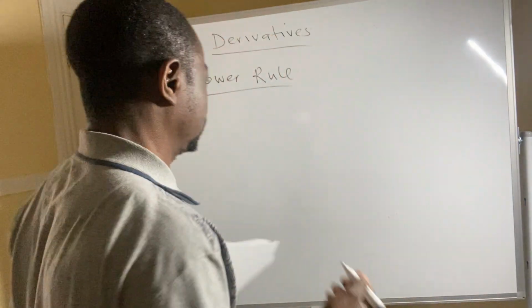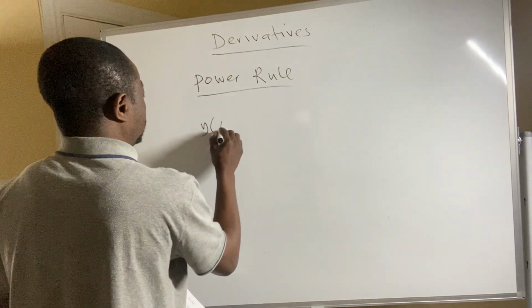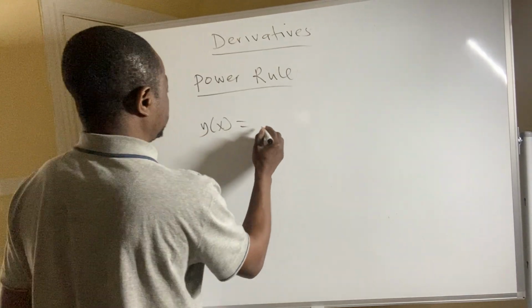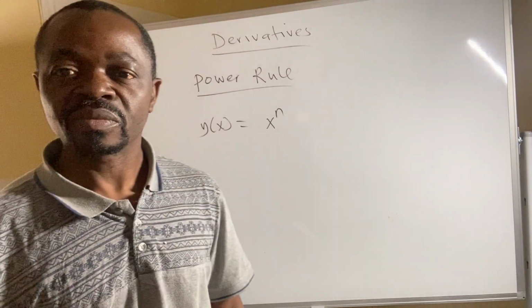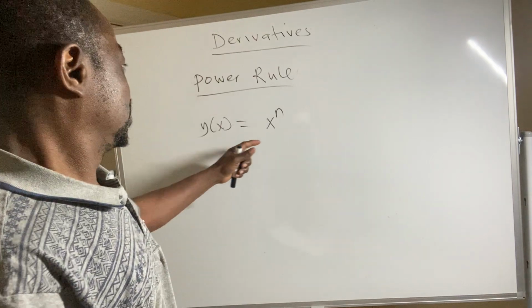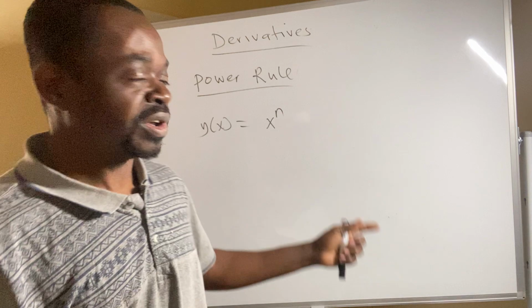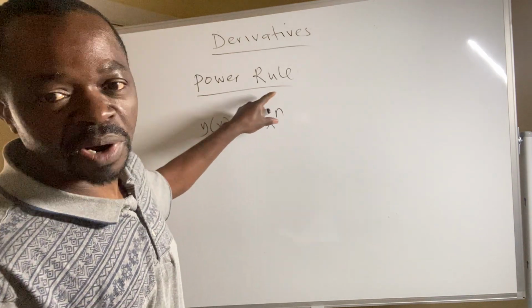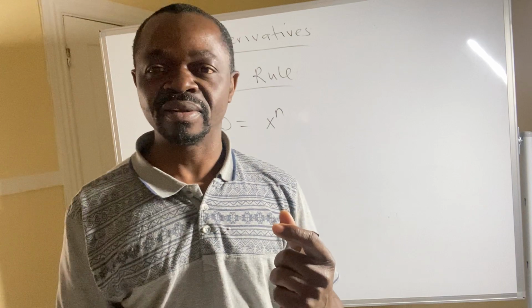Let's assume you have y of x is equal to x raised to the power n. So on the right hand side you have x raised to the power n. And because there is a power, that's why it's called a power rule. So how do you use that? How do you apply that?